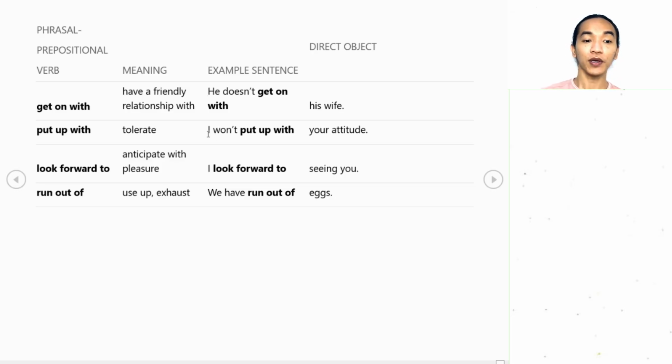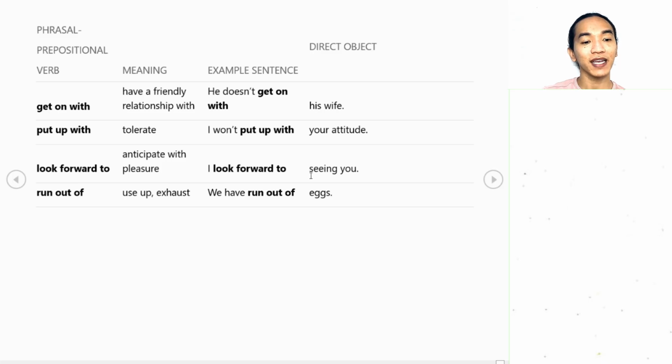For example, I won't put up with your attitude. Your object is your attitude. Look forward to means anticipate with pleasure or excitement, waiting for something with excitement. For example, I look forward to seeing you.